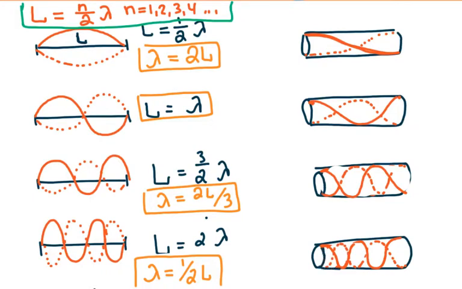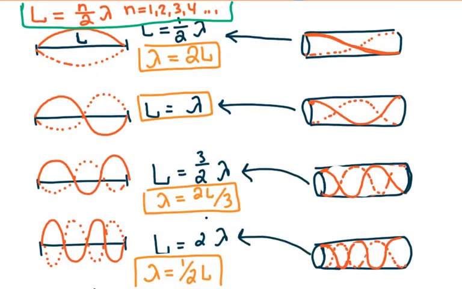And if you look on the graph, it's still the same formula for this one, for this one, for this one, and for this one, because you go from here to here. That's not the full wavelength. You need another half of it to make the full wavelength.